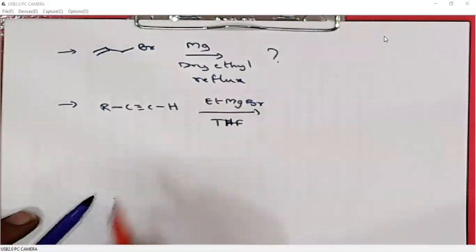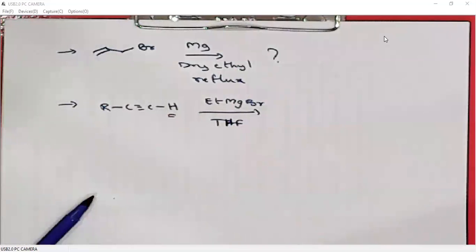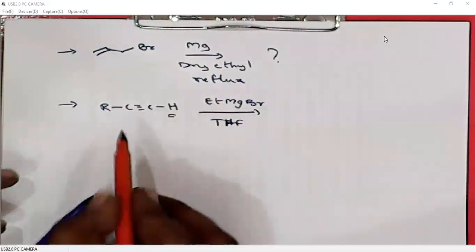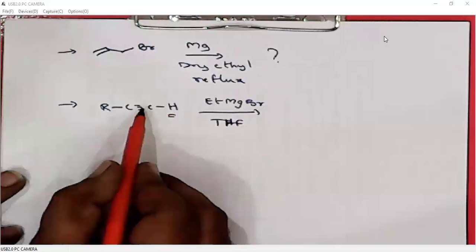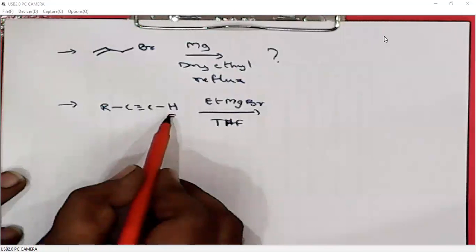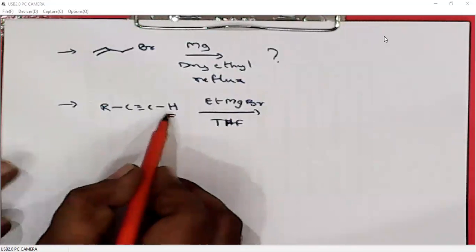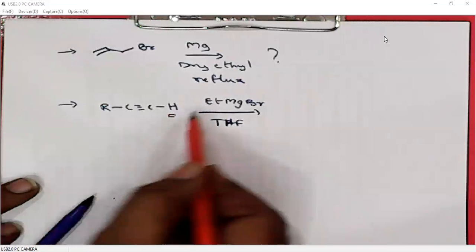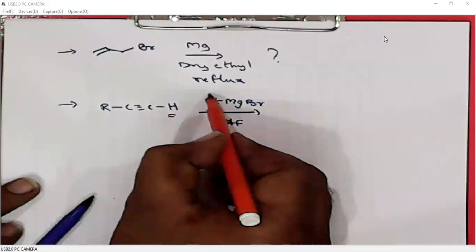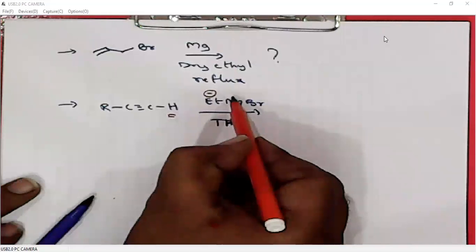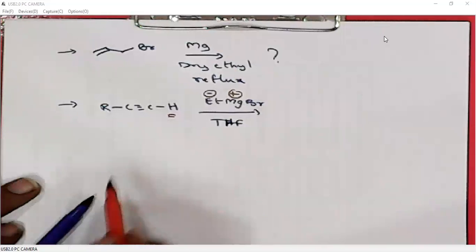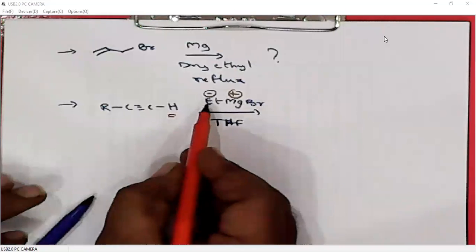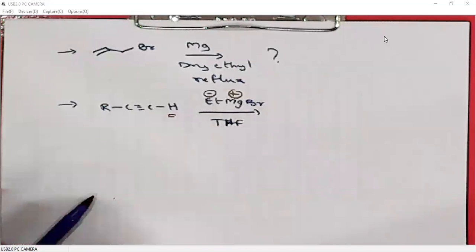This proton is acidic in nature because the negative charge on the triple bond carbon is stable. So this is acidic in nature. So compounds having an acidic proton can be easily deprotonated with Grignard reagents because Grignard reagent can act as a base. So the ethyl anion will pick up this proton.